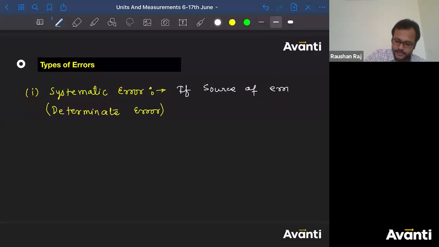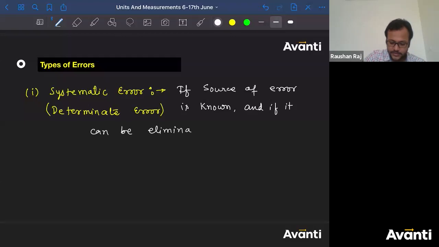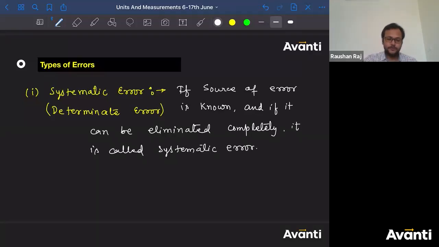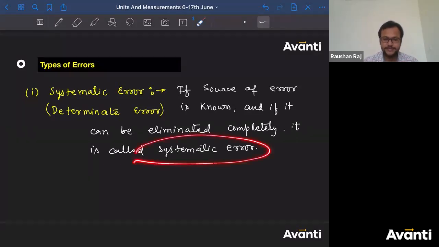If source of error is known, and if it can be eliminated completely, it is called systematic error. So if you know what is the source of error, and if you can eliminate it, then you will say that is nothing but the systematic error.